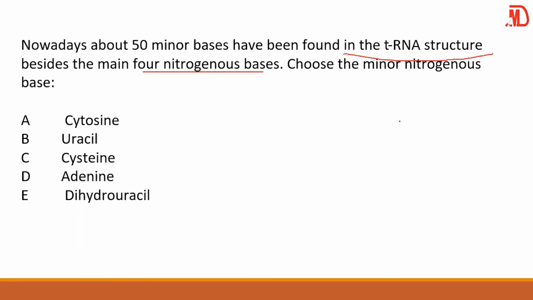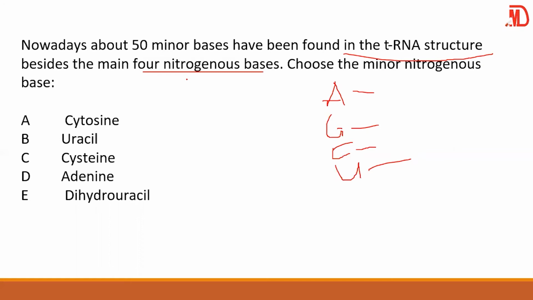Already you know about AGCU, where we have the adenine, the guanine, the cytosine, and then the uracil. These are the four main nitrogenous bases.